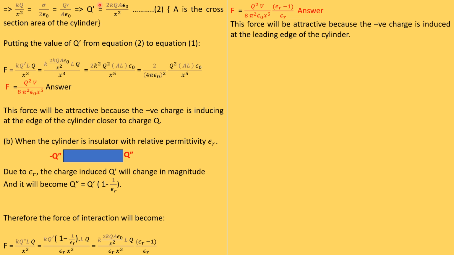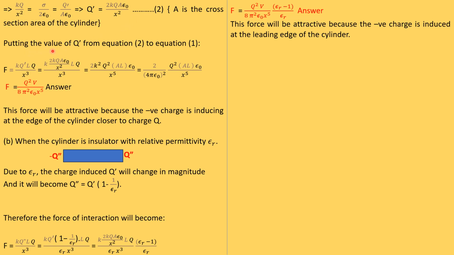From here we can get Q prime, how much induced charge has come up on the cylinder, and that is equal to 2KQA by epsilon naught divided by x square. K is basically 1 by 4 pi epsilon naught; for convenience, I have written it like this.